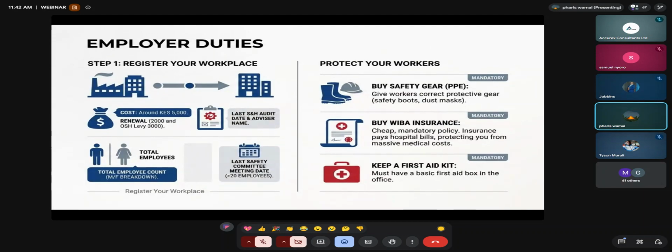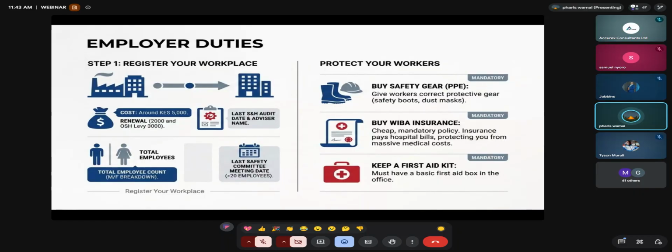Now, on the safety committee, I always get questions on what the work of the safety committee is. Basically, the safety committee is comprised of the management, but primarily the workers from different departments. You sit down and discuss everything to do with safety in the workplace, from any hazards that may have been identified and have not been managed, to all the different things to do with occupational health and safety in that specific workplace.